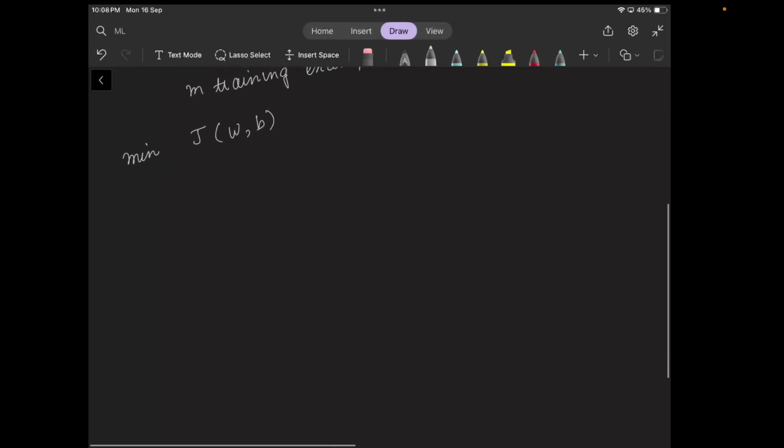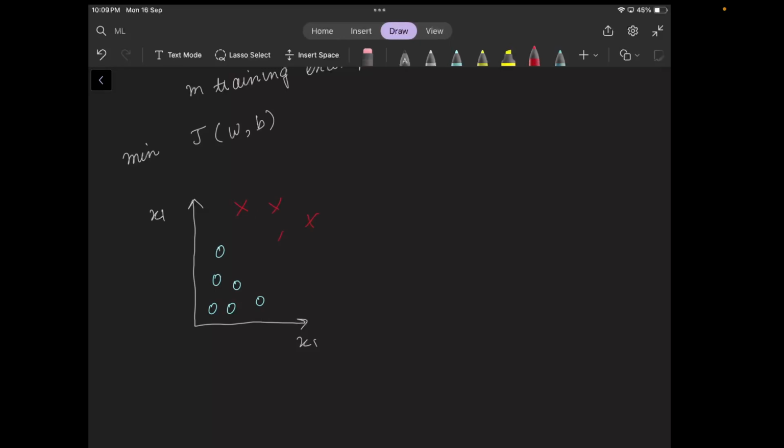Now let's say we have two features, x1 and x2, and we have certain data points. This could be as simple as taking any two sets of features, any two numerical values, let's say x and y.